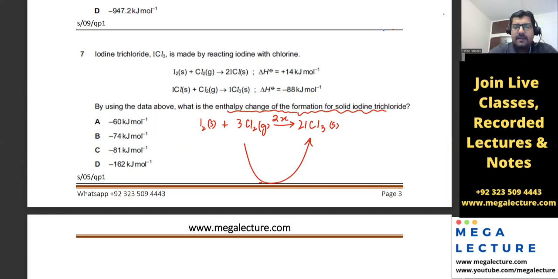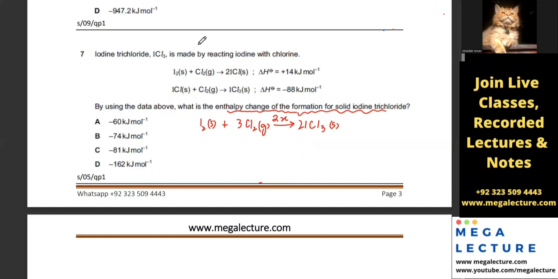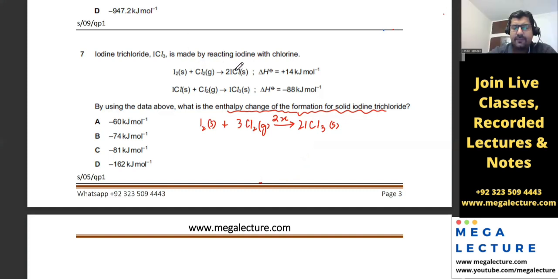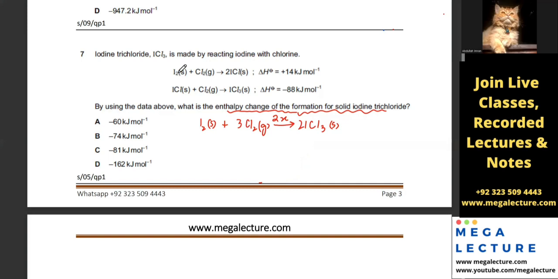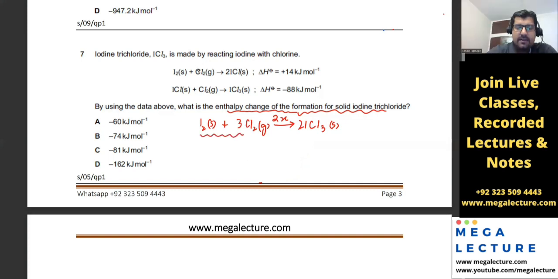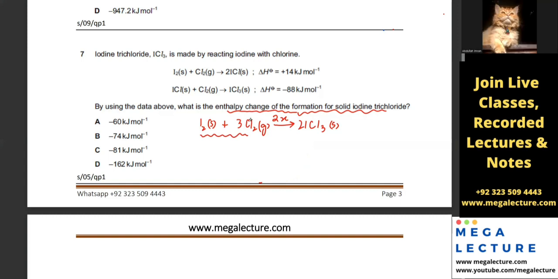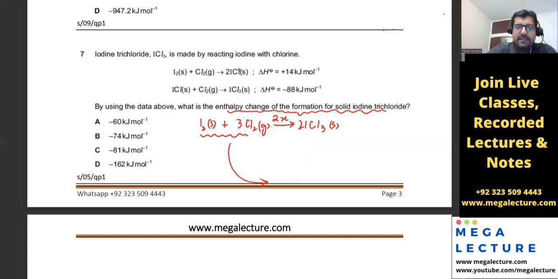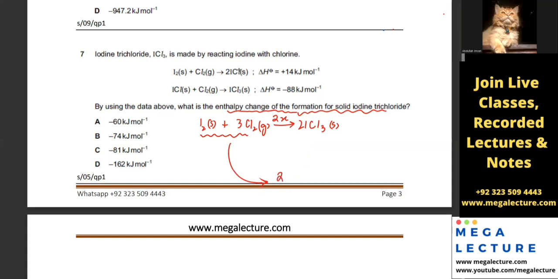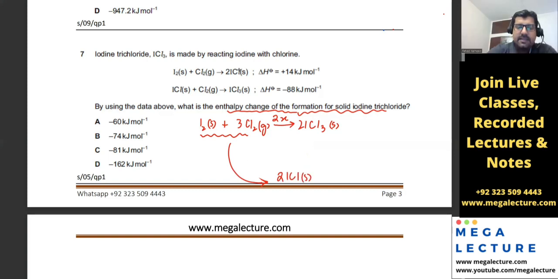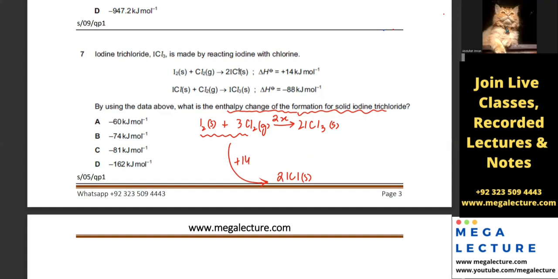What you're going to do is you're given 2 reactions. First one, iodine reacts with Cl2 to form 2 ICl. So one iodine reacts with 1 Cl2 to form 2 ICl solid, and the enthalpy change is plus 14.